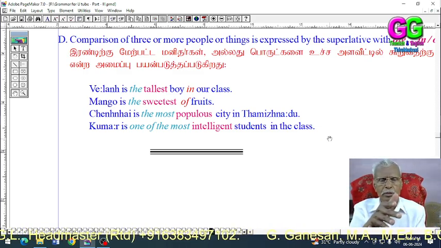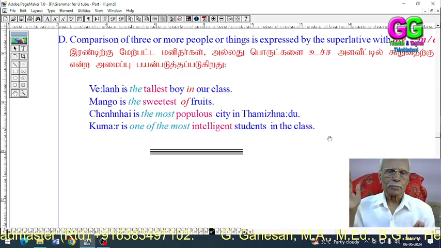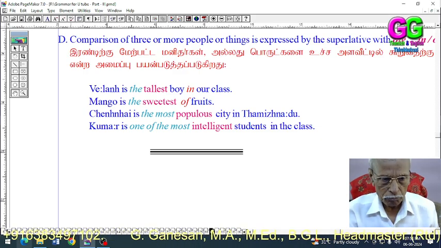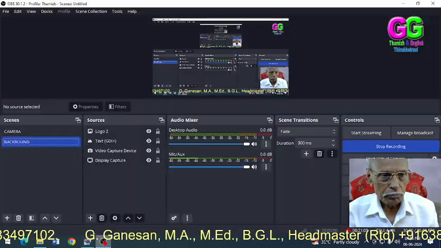Some other words can also function in the superlative degree. So, okay. So, my dear students, here we will see the degrees of comparison. What is the degrees of comparison?